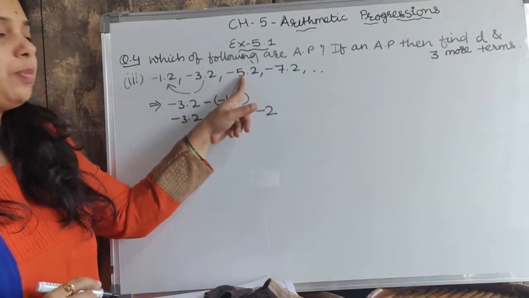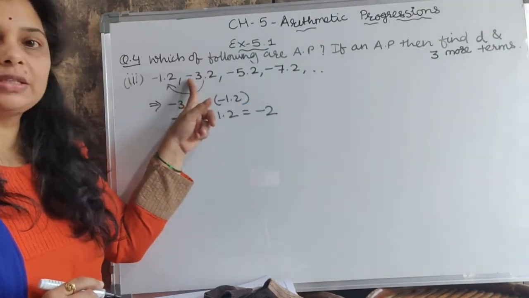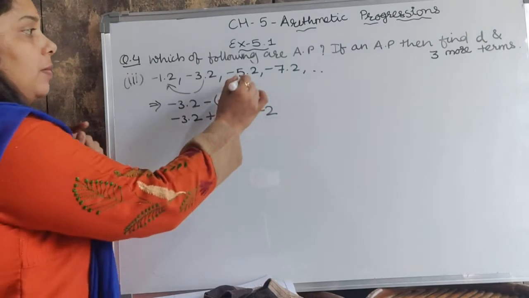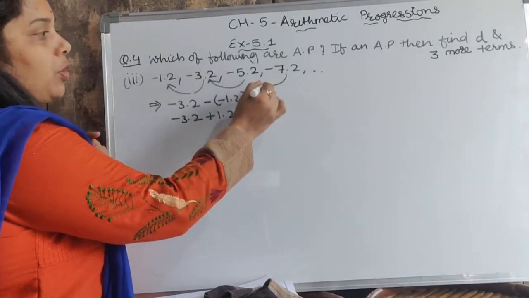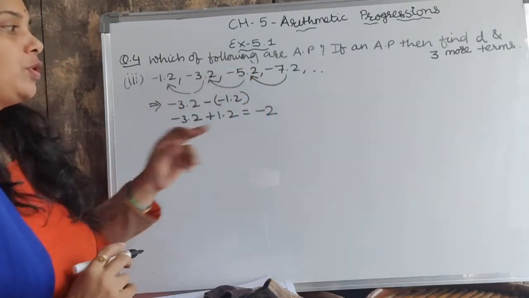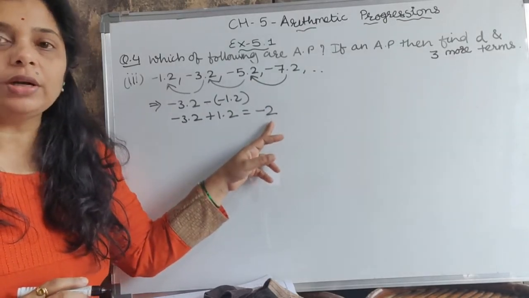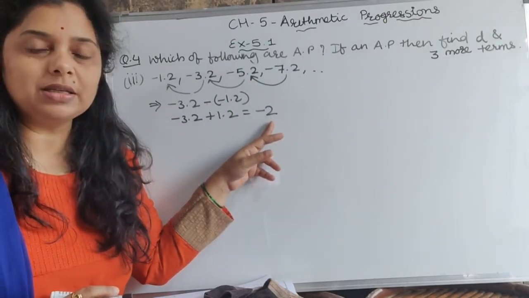Similarly, minus 5.2 plus 3.2, so minus 2 again, right? Minus 7.2 plus 5.2, so again minus 2. In short, here D is equal to minus 2.